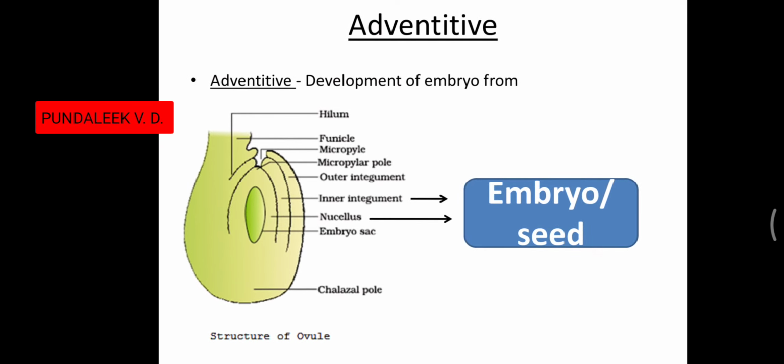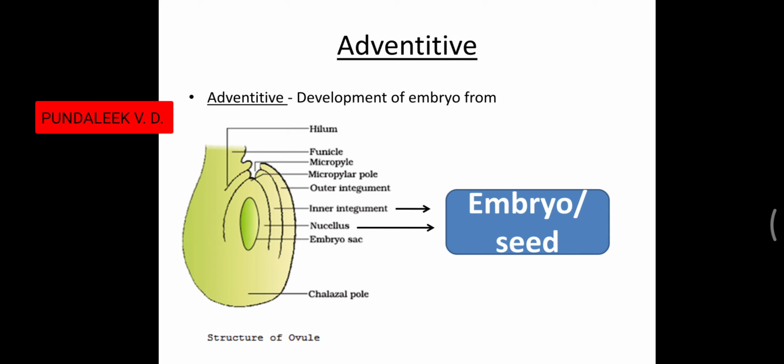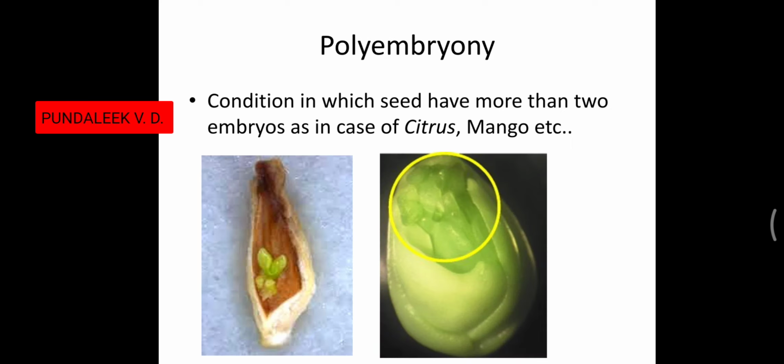In this adventitive type, it may lead to polyembryony. So what is polyembryony? The name itself indicates: poly means many. In most seed development, we find that a seed has only one embryo. In certain cases, instead of one embryo, the seed may possess more than one, two or more.